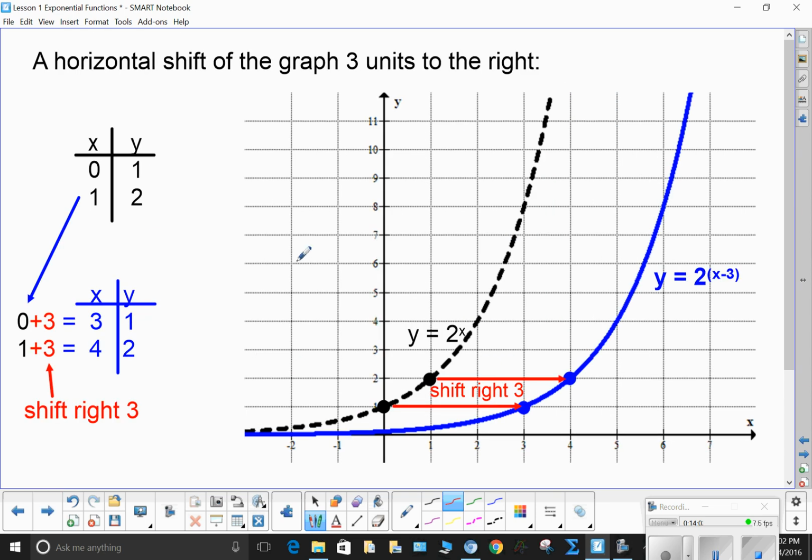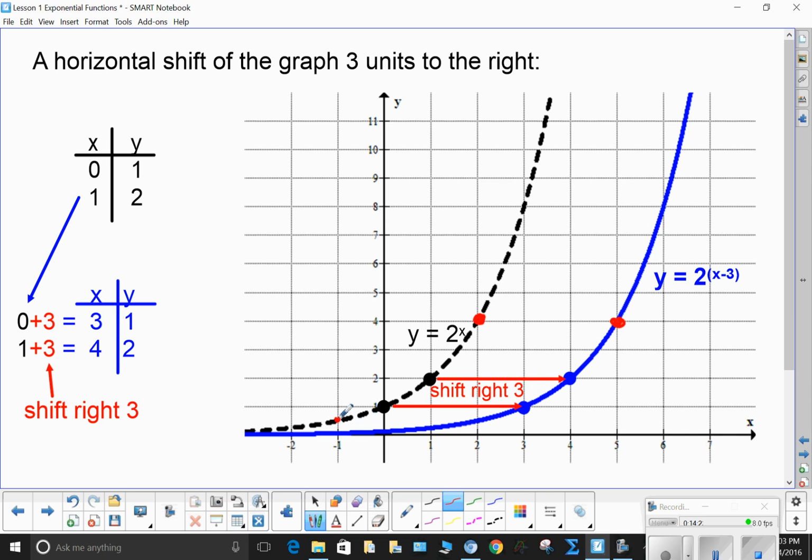Now, horizontal shifts. If you're shifting it horizontally, you're going to add or subtract to the exponent. Notice, here's my x minus 3. I shifted everything right 3. I can even take this guy and move 1, 2, 3.